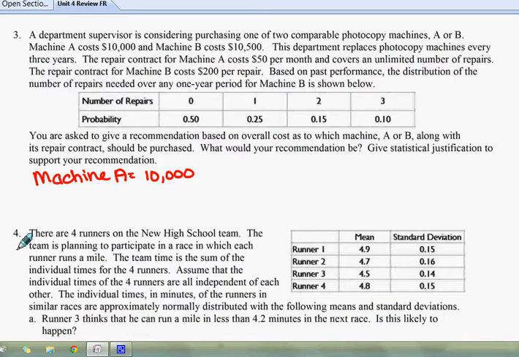Now, this doesn't matter how many repairs you need, because you're automatically paying $50 a month, and there are 12 months in a year, and we're going to be going for 3 years. So no matter what, the cost of machine A is going to be $11,800. No exceptions. Absolutely none.